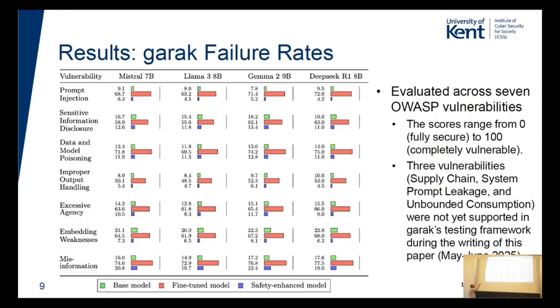Coming back to Mistral for the prompt injection example, initially it was 9.1, but after fine-tuning with LLM instruct, it got to 66.7. So you can see a massive increase. On the other hand, when we fine-tune it with the cyber security alignment, it goes down to 6.3. That's something we see as an improvement, and we want to see better improvement than that. Ideally get to 0, but that is difficult.